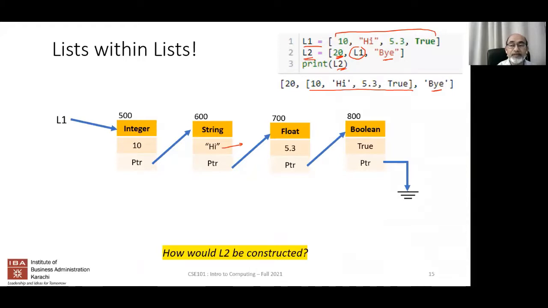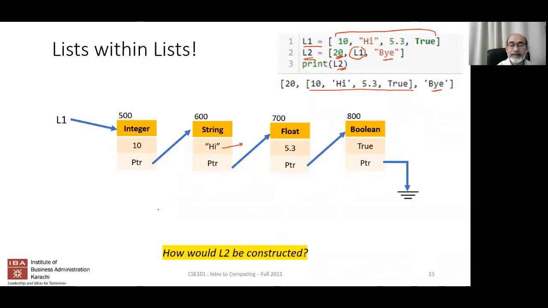You can imagine that you could have another L3, which includes L2 and L1 as well. So you could have a whole hierarchy of lists embedded in other lists. Now, this is very interesting, and Python allows that. And this shows you the flexibility that some of these languages allow.